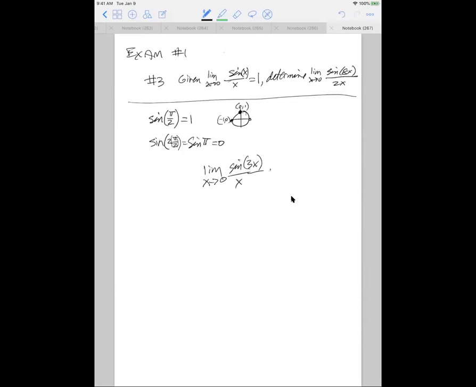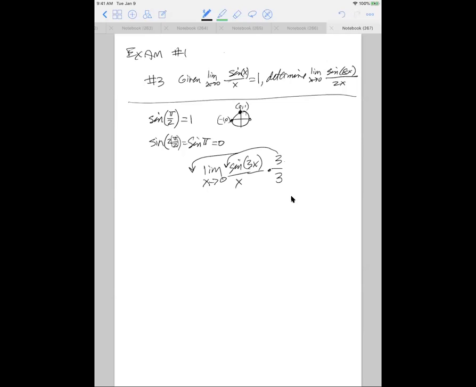So if I multiply the bottom by 3, that'll make that 3x. I've got to multiply the top by 3, okay? Algebraically, you have to multiply the top and bottom by the same thing. Notice that 3 is not affecting the 3x, so it's going to need to be out front. You can take it all the way out front.